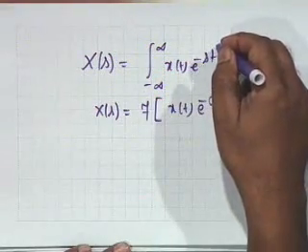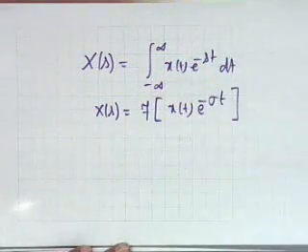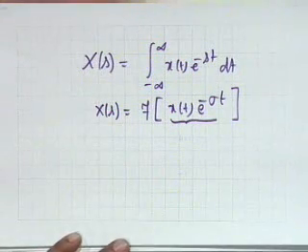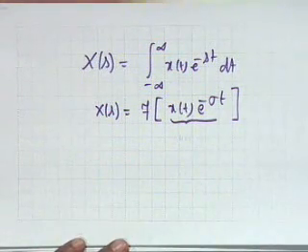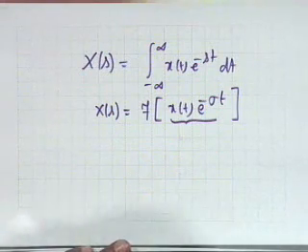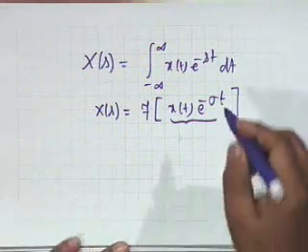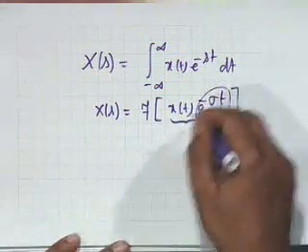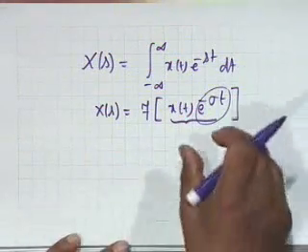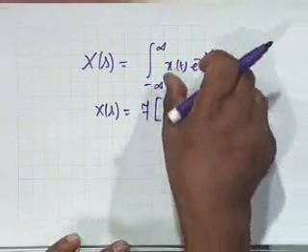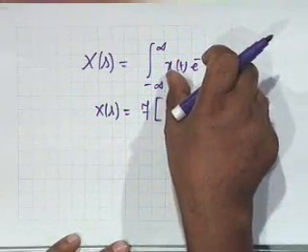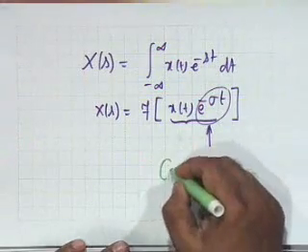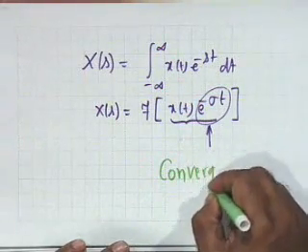Now, the mod of x of t e to the minus st, isn't it simply the mod of x of t e to the minus sigma t? And therefore, what in a sense it means is that multiplying x of t by this factor helps this integral to converge, and therefore this factor sometimes is known as the convergence factor.